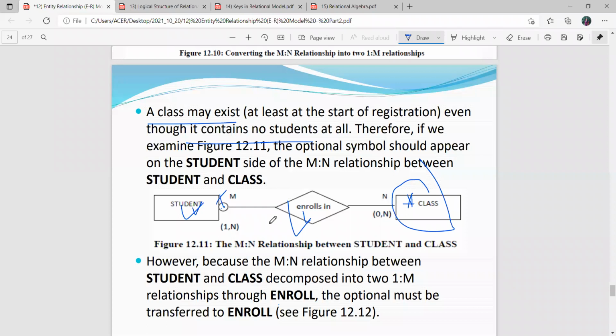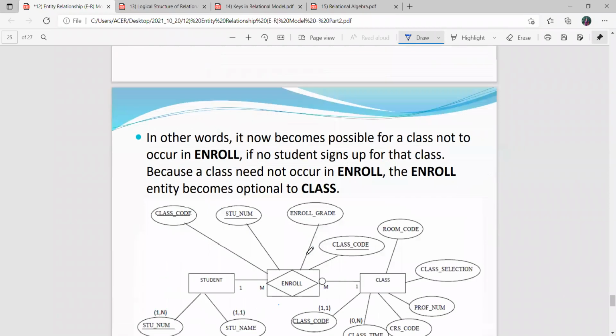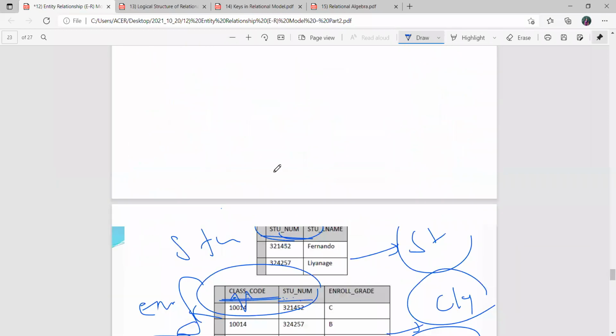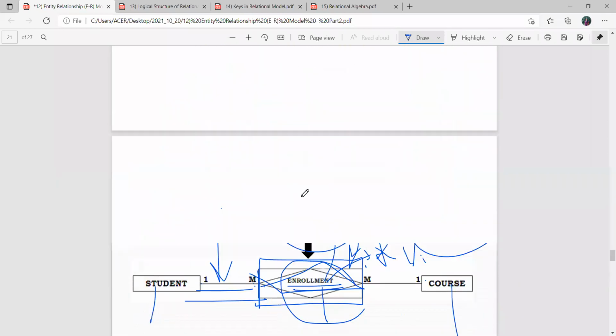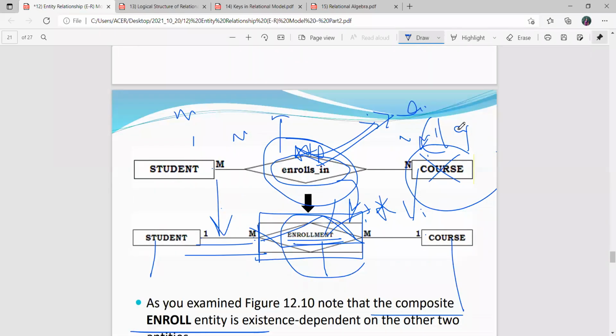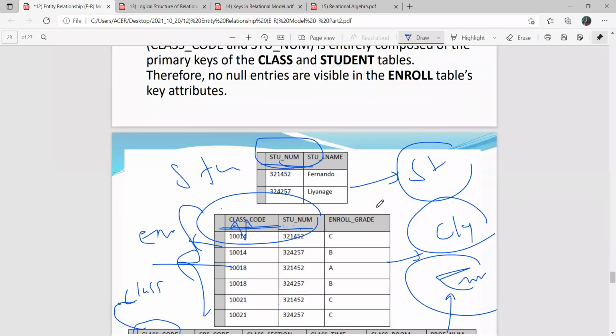So you can denote this optional by using this circle. Okay. Is it clear up to now? What is this composite attribute, and how can we denote this many to many relationship by using a composite attribute? Is it clear?